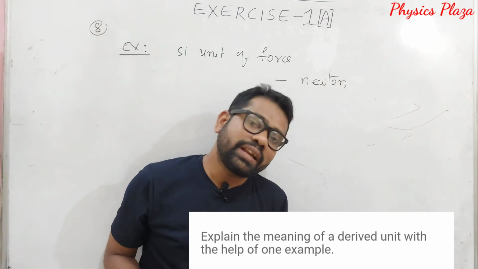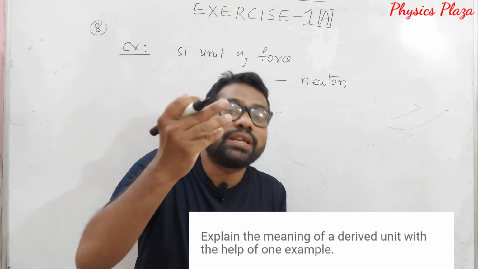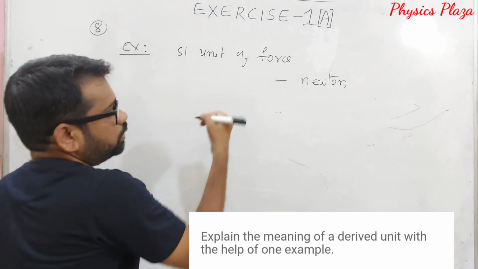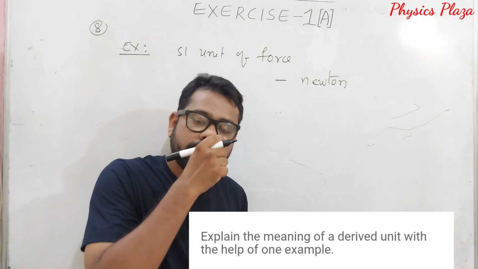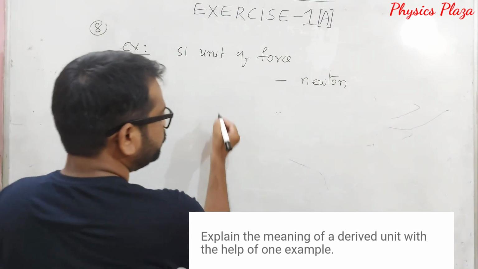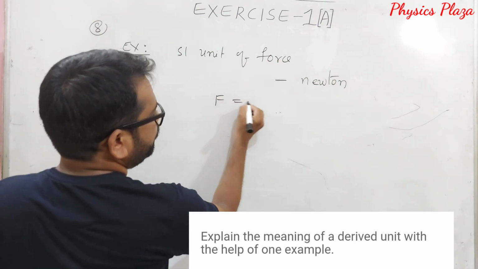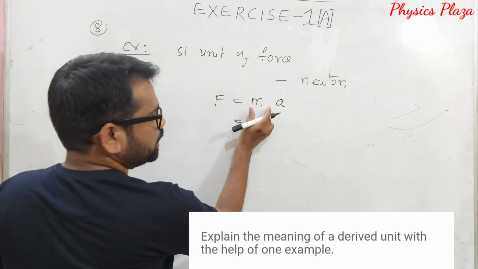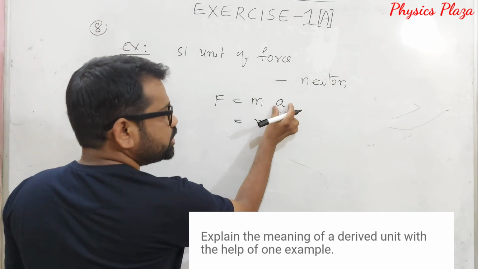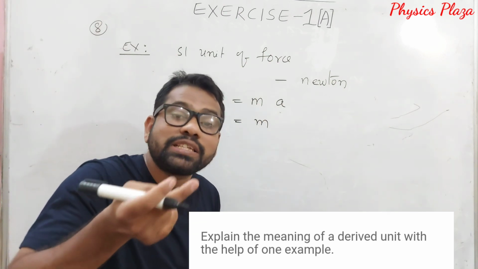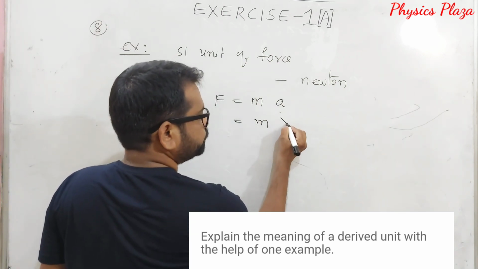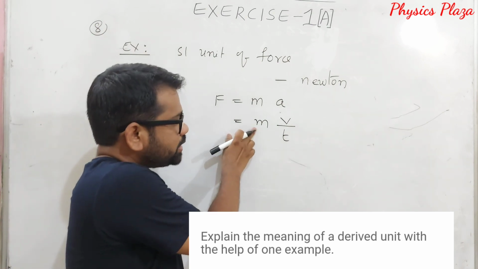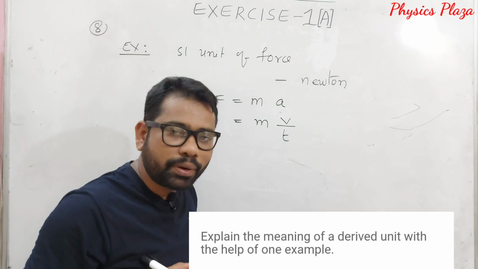So we know that newton is a derived unit. But how can we say that it is a derived unit? On which fundamental units does it depend? From the mathematical form of Newton's law, force F is equal to ma. Force is mass into acceleration. Mass is a fundamental quantity. Acceleration means, how can we write it, children? Velocity by time. Here mass and time are fundamental quantities, no problem at all.